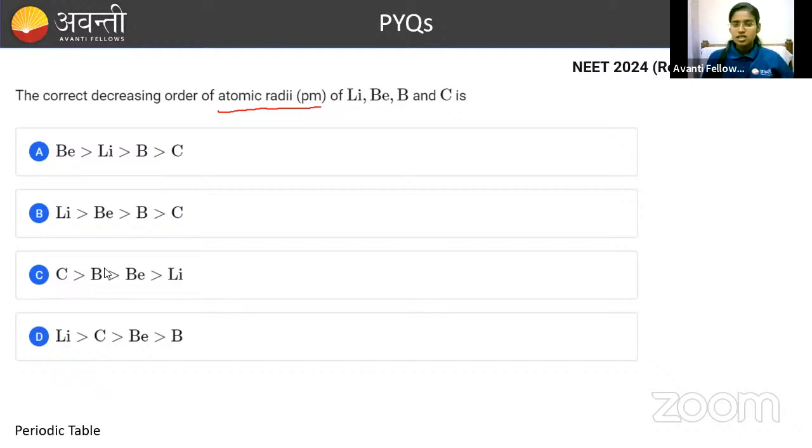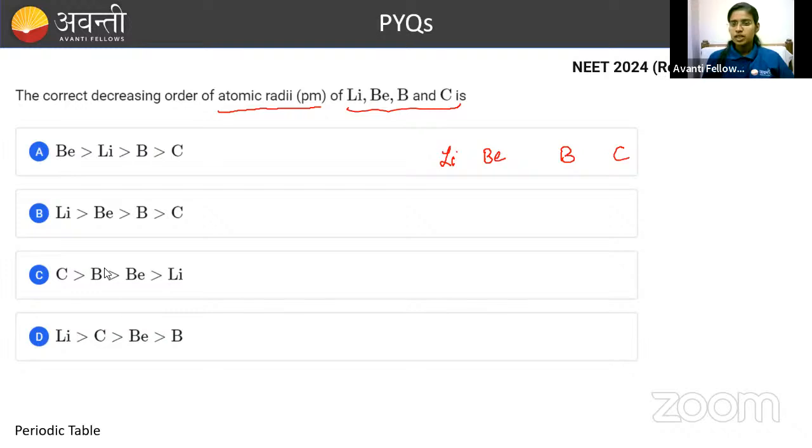So here they are asking the trend, the correct decreasing order of these four elements. So who are these four elements? They belong to which period? Can anyone tell me the period number of these four elements: lithium, beryllium, boron, and carbon?